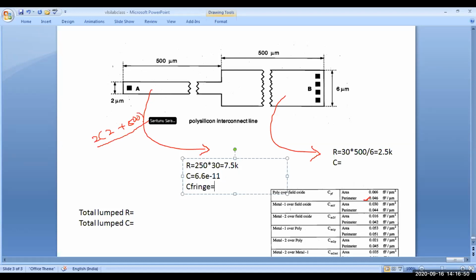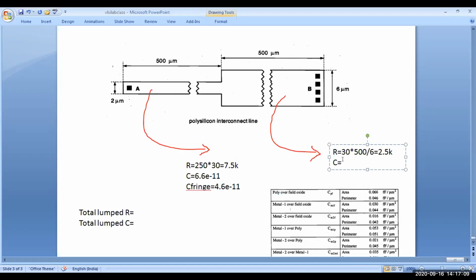Then you have to multiply by 0.46. 4.6 into 10 to the minus 11. And for this, the parallel plate capacitance will be?